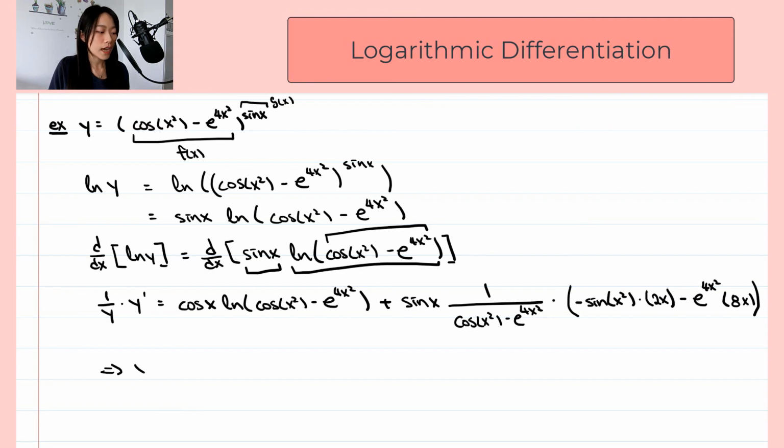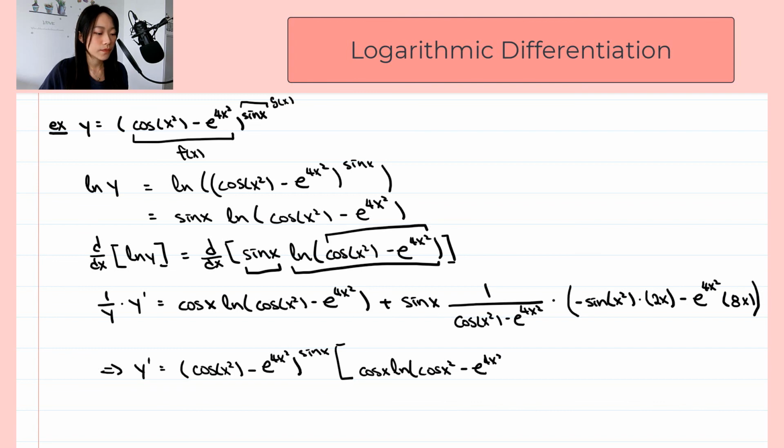So now let's isolate for y prime. So y prime equals y times the whole thing here. And I can substitute the y back into the equation. So y is cosine of x squared minus e to the power of 4x squared to the power of sine of x. So that's the y. And then we continue with the equation times cosine of x times ln of cosine of x squared minus e to the power of 4x squared.